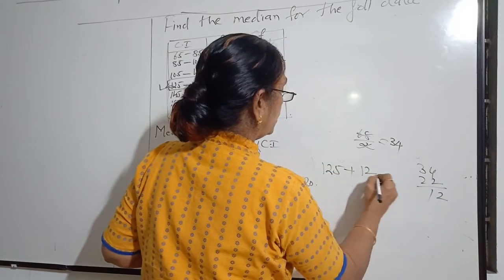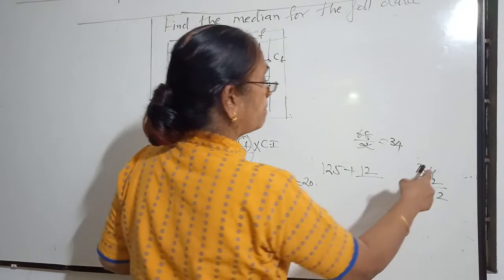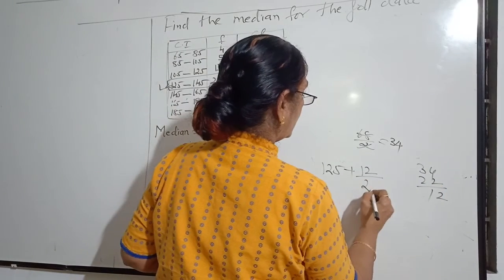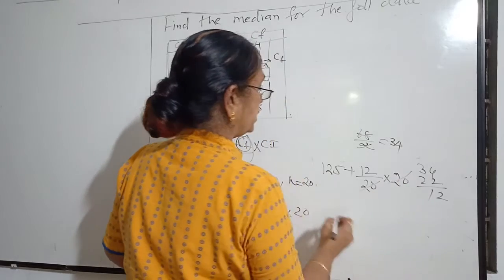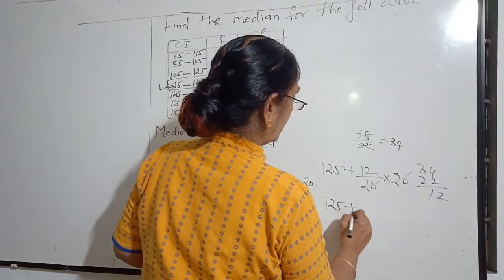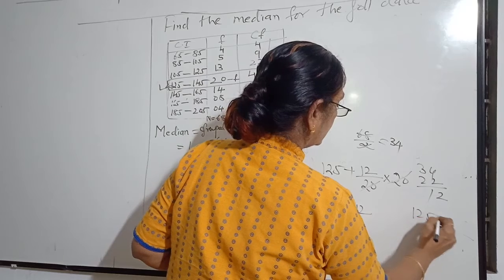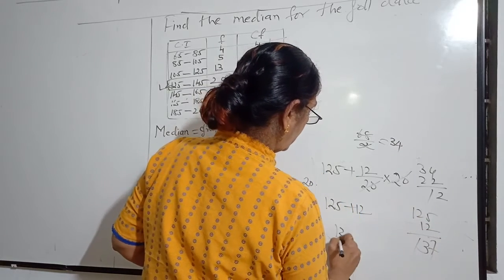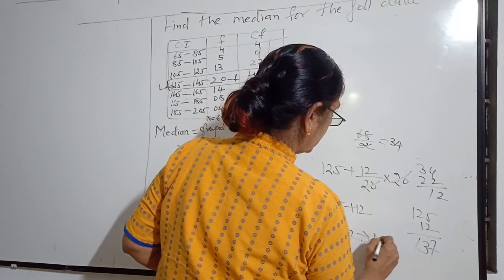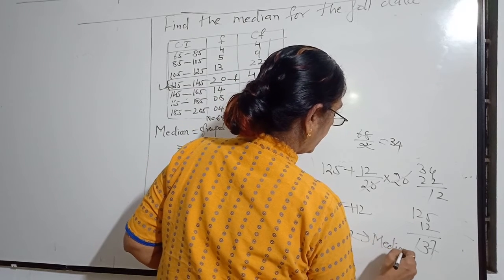So this is 12 by 20 into 20. Now you can cancel it. So 125 plus 12. It comes up to 137. This is the median.